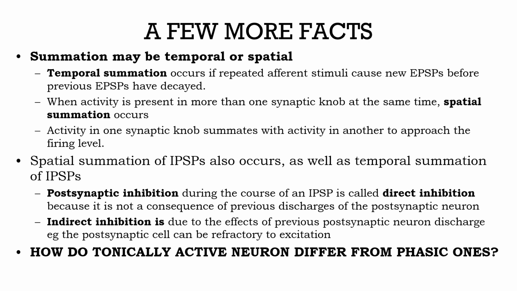Okay, read about that. When you're talking about the inhibitory component, I want you to look at postsynaptic inhibition, and how it differs from indirect inhibition. What is the difference between tonically active neurons, and how do they differ from phasic ones? These questions that I am asking you to review from your first year are a good foundation to understanding some of the things that we explain in neurophysiology.